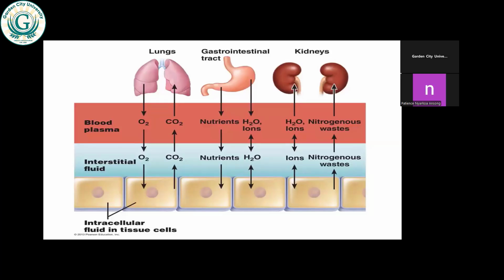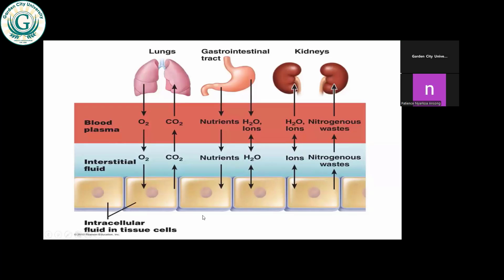When you breathe in, the components of air, for example oxygen, diffuse into the blood, which is an extracellular fluid. Then the blood will transport the oxygen to the cells and tissues, but first of all, it diffuses into the fluid surrounding the cells, which is the interstitial fluid. Then eventually, this oxygen also diffuses into the intracellular fluid.